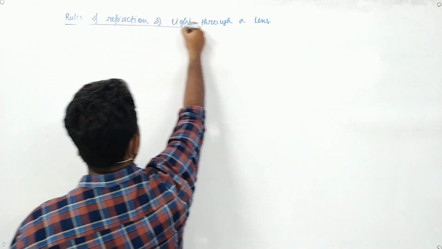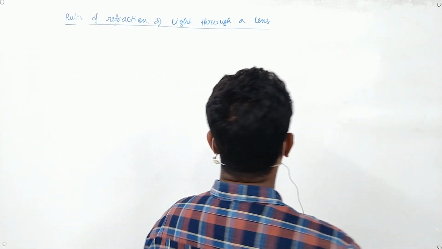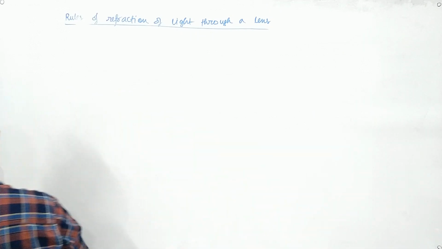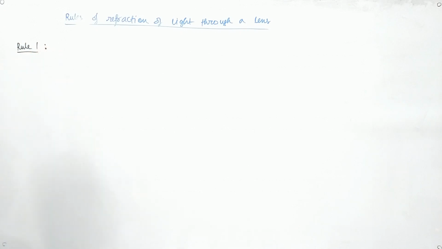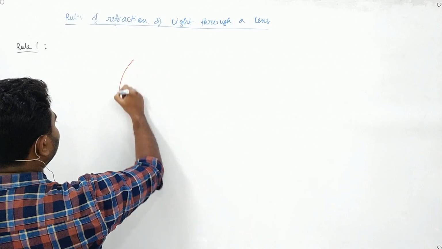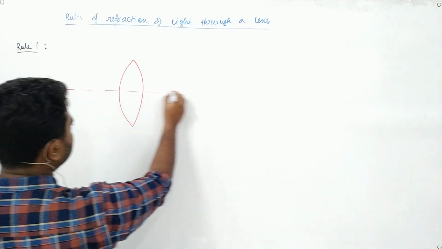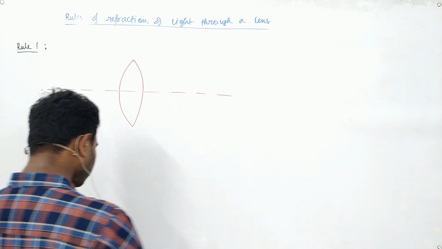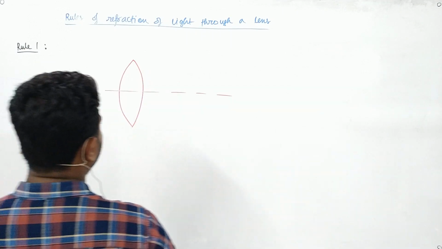Rules of refraction of light through a lens. Okay, now we will do the first rule, rule number 1. We have already done rule 1. Rule 1 says that if there is a convex lens, then we will first mark the positions.